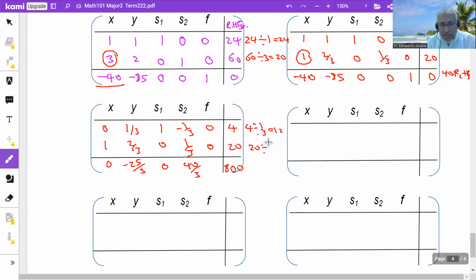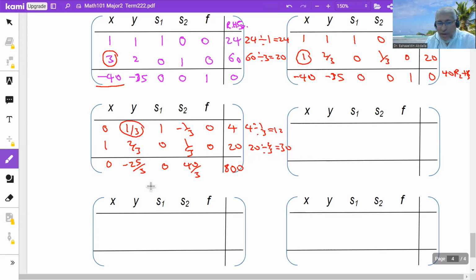And 20 divided by 2 over 3, it would be 60 over 2, that's 30. So 1 over 3 is smaller. So, 12 is smaller than 30. So 1 over 3 is the pivot element.